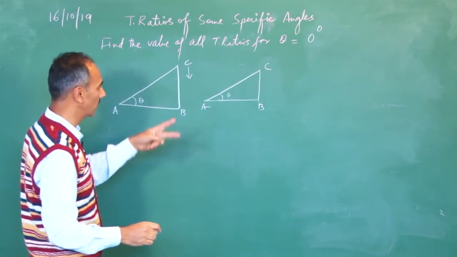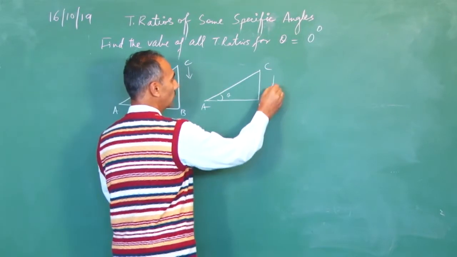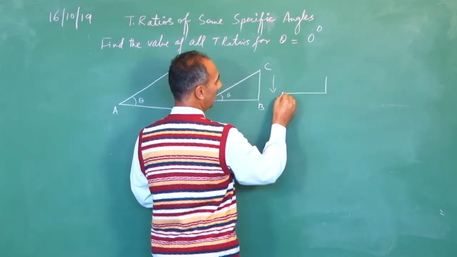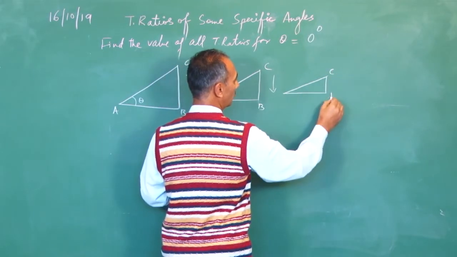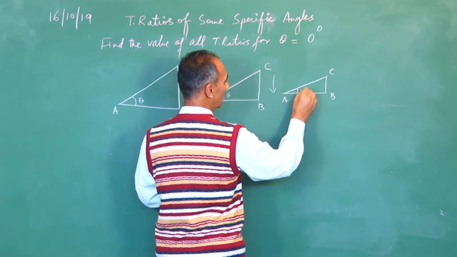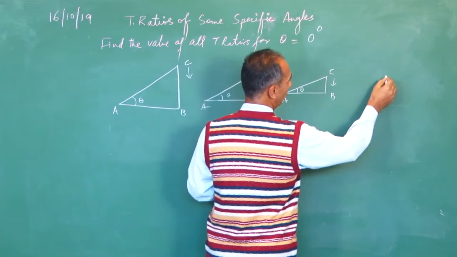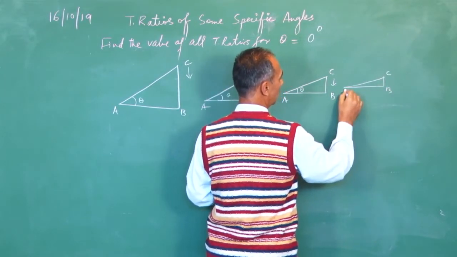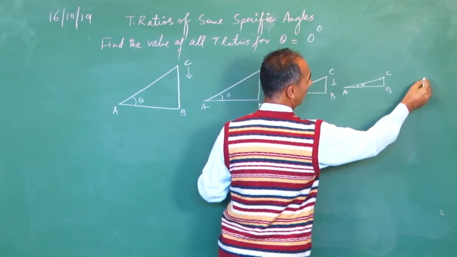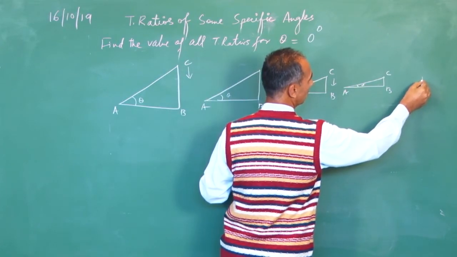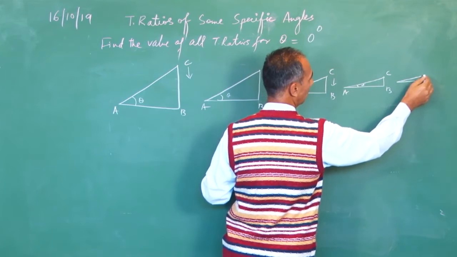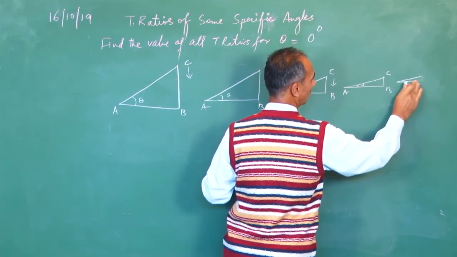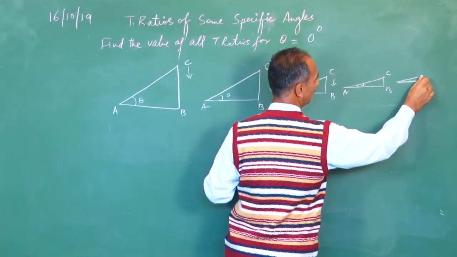That means C is coming down, C goes to B. My third figure will be something like this. C goes to B, this is A, this is theta. One more figure. C goes to B, this is theta. And lastly, you will have something like this, if you make it much smaller.